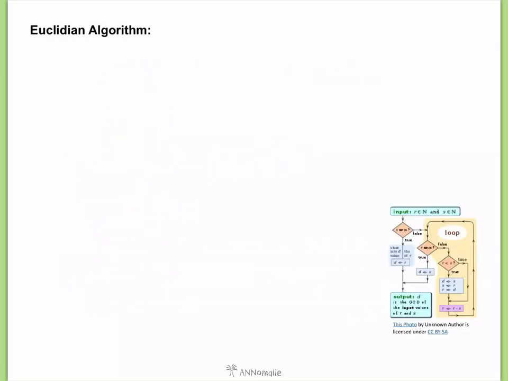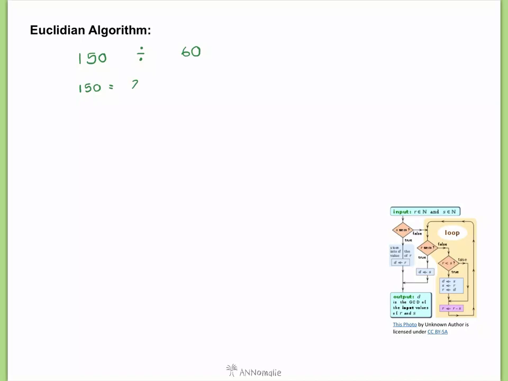And there is yet another method to find the highest common factor, which is called the Euclidean algorithm. So let's briefly have a look at 60 and 150 again. We write down 150 and 60, and we divide 150 by 60. Now that we know is then 150 is equal to how many times?